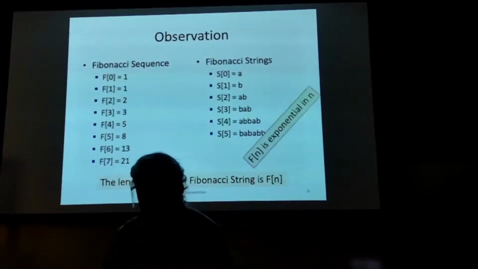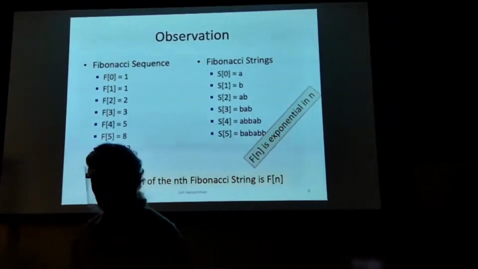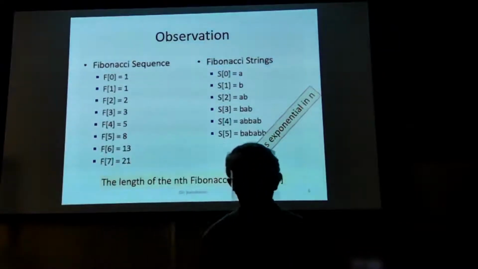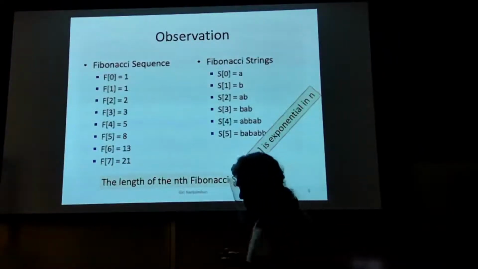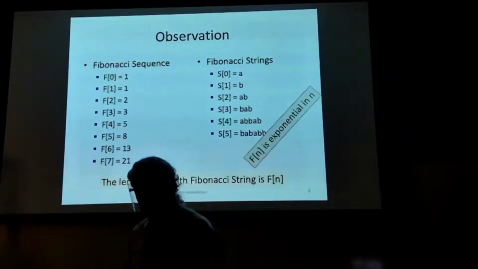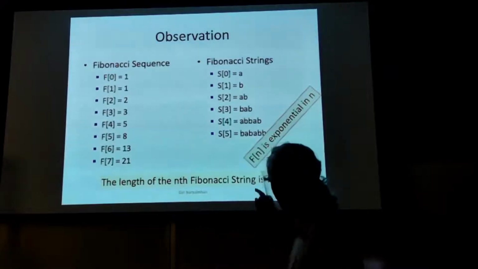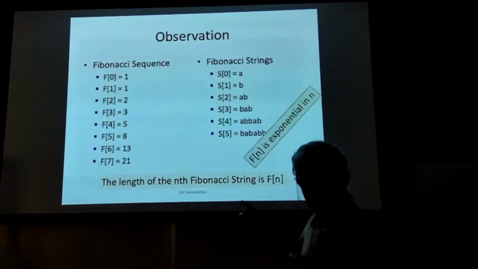So forget about trying to write down the string. That's not going to work for you. It's only going to blow up in your face. So your goal is to figure out a different solution that uses this observation. This is the key observation.